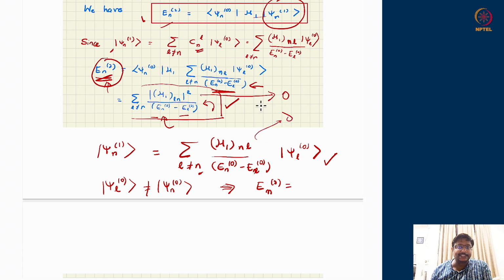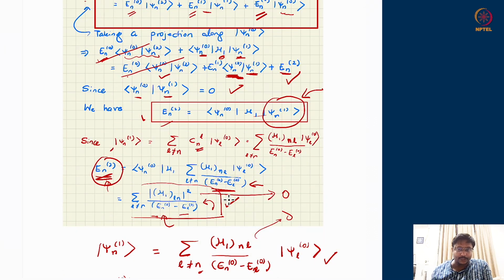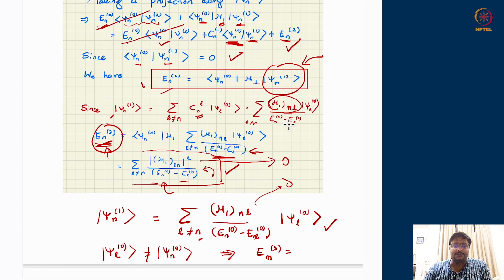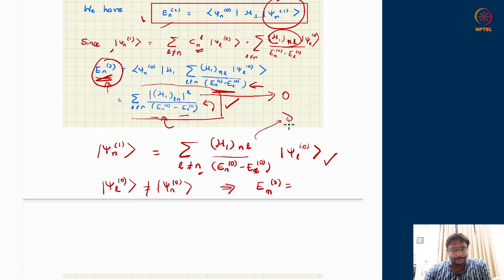In that case, I have no issue, because if that goes to 0, I will come back to the story where we started from. Psi NL, which we wrote down somewhere, H1 NL here. If that goes to 0, then it is 0 by 0, which is not necessarily infinity. It can be a small number or finite, and therefore things could be under control.